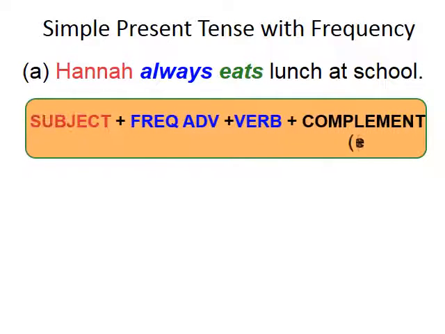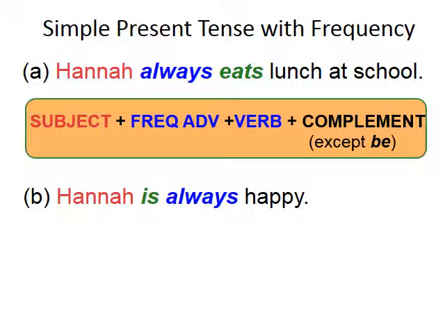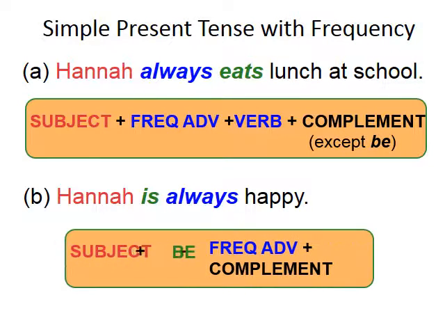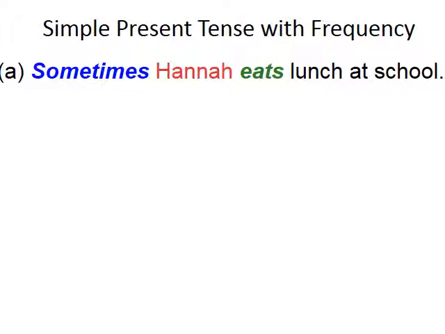This is the general rule for verbs that are not to be. But when we use the verb to be, we have a different order. We have the subject, then the verb to be, and then the frequency adverb, followed by the complement. So it's important to know the difference between regular verbs and the verb to be because the location is different.